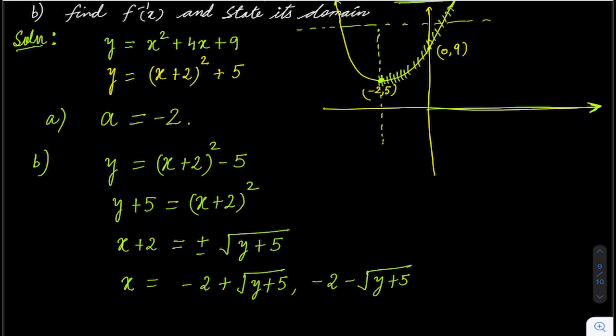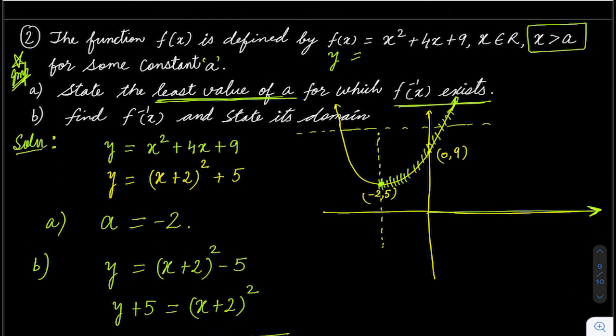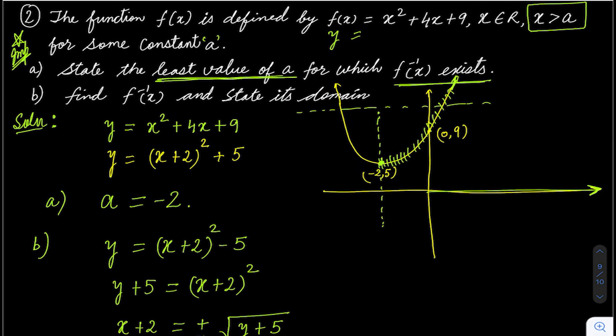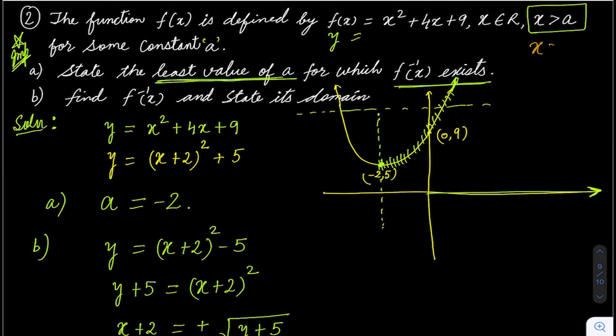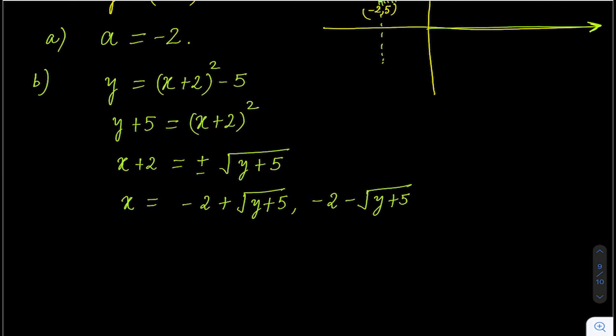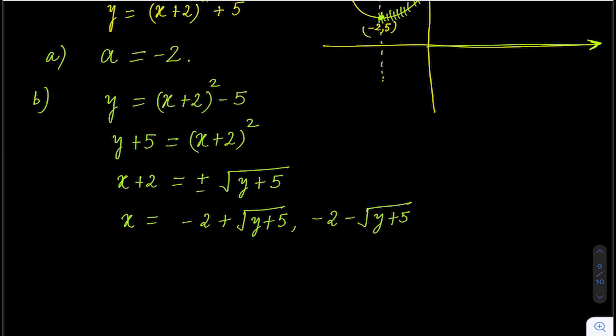Again, same logic we will use. Inverse is always unique. You can't have 2 answers. So which answer we should take? So for that we have to think. Okay, we got here x as greater than minus 2, right? So x should be greater than minus 2. So which gives us greater than minus 2? Now this is less than minus 2 because this is minus 2 minus some number.